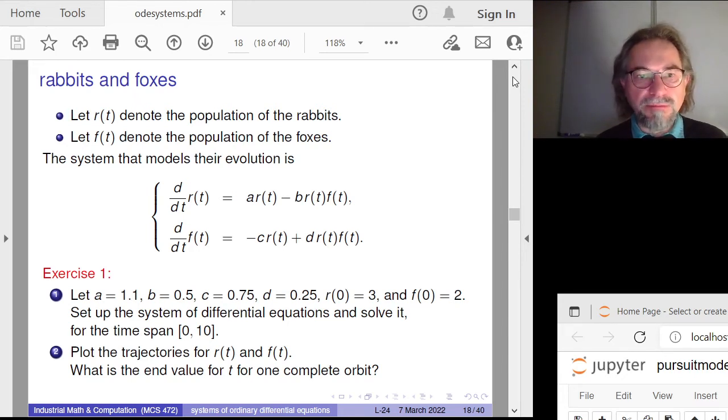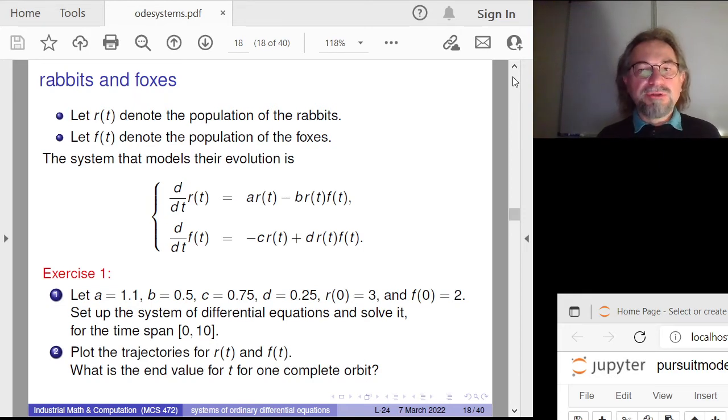So the second term on the right hand side of both equations denotes the encounter between the rabbits and the foxes. That is proportional to the product of the population sizes.